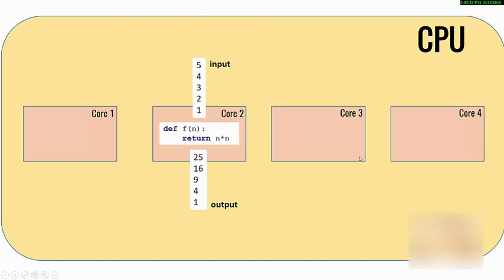These cores are nothing but processing units present on your CPU or central processing unit. Nowadays, most of the computers come with multiple cores. So it is very likely you will have multiple cores. You might have 2 cores or 4 cores based on the kind of configuration you have. But let's assume you have 4 cores here.